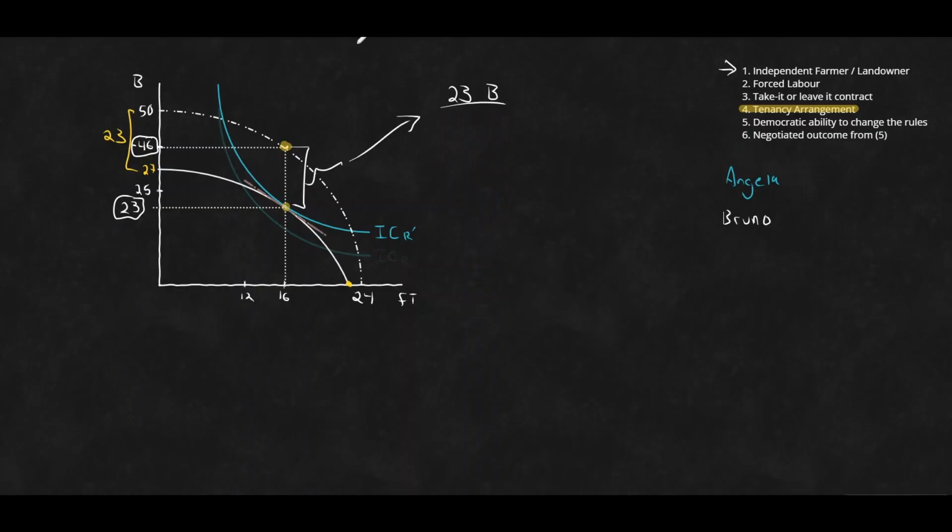Again, what we want to keep in mind is that ultimately, anywhere in between this point, we'll call that point A, this point, we'll call that point B. So that is anywhere between A and B along that vertical line. That vertical line there would be our Pareto efficient frontier. We could pick any point between A and B and have Pareto efficiency.